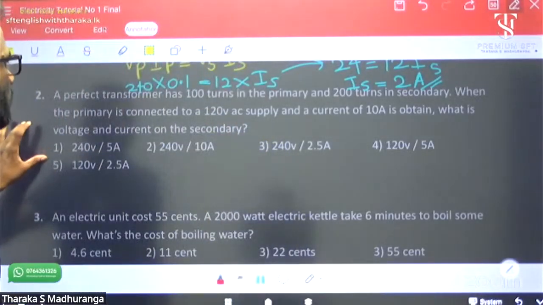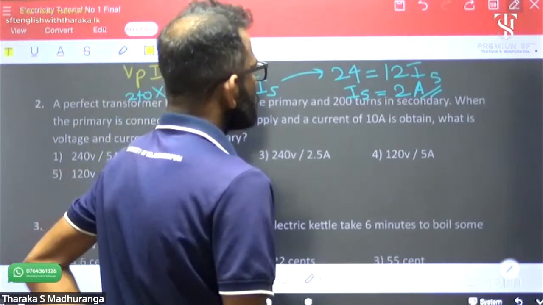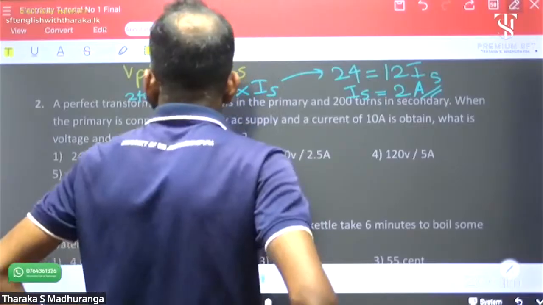A perfect transformer has 100 turns in the primary and 200 turns in the secondary.